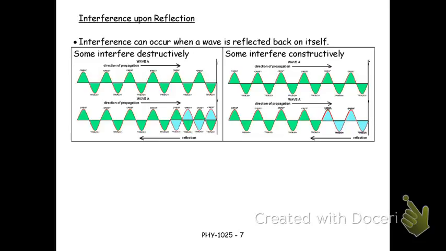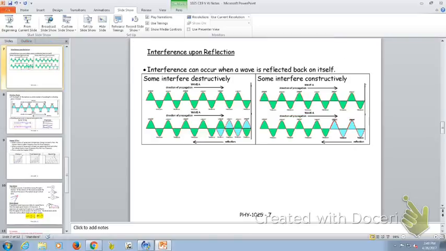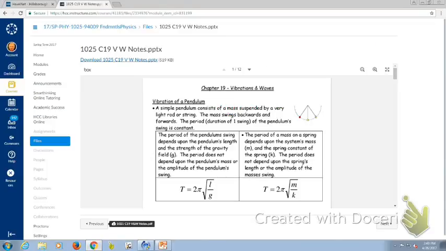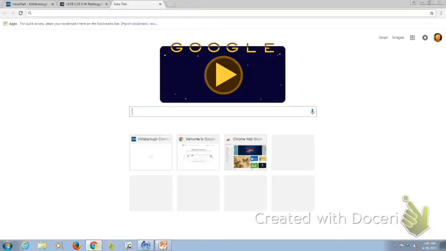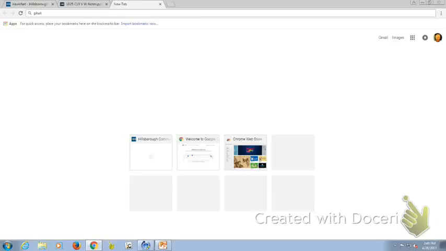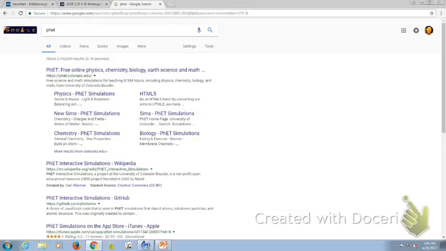Let me go a bit off script for a minute. I'll keep that. But let's do this. I want to show you something. There's this website called PhET, and it has all these simulations, and I want to do some physics simulations.